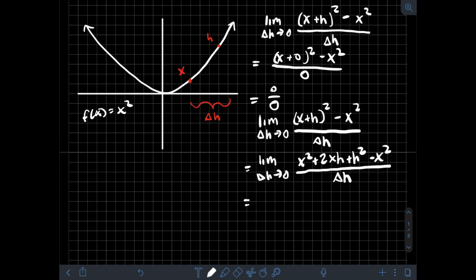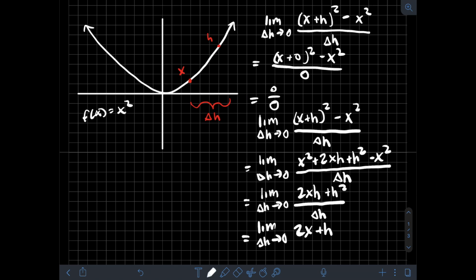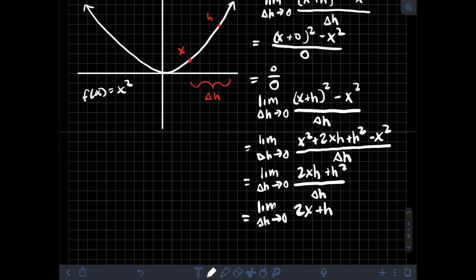So we're left with our limit as delta h approaches 0 of 2xh plus h squared all over delta h. And if we divide each term by h, then we see that what's left is our limit as delta h approaches 0 of 2x plus h. All we need to do now is plug in 0 for h, which gives us our answer as 2x.